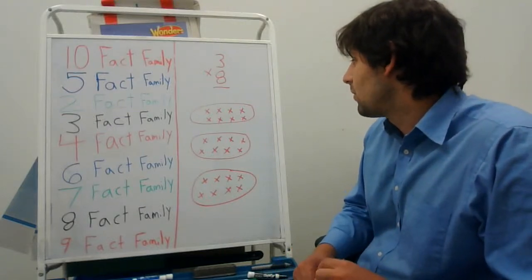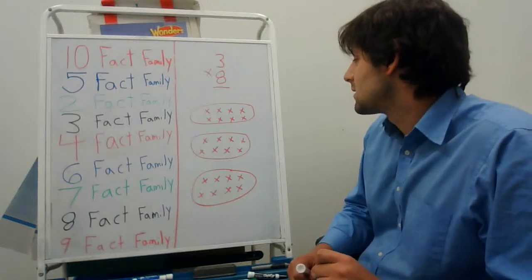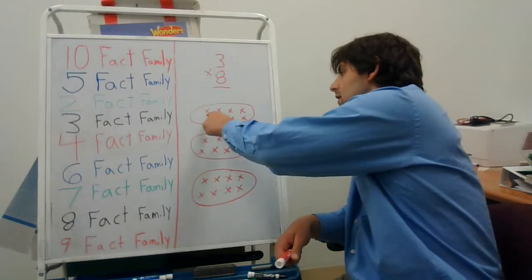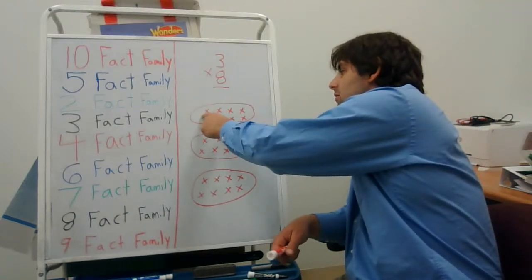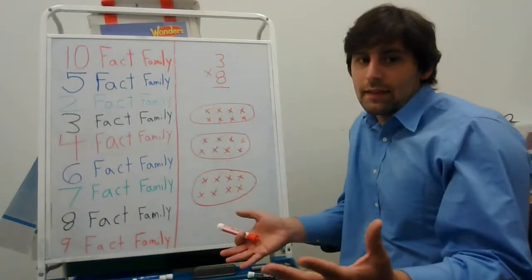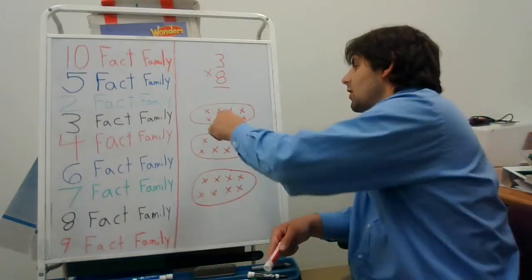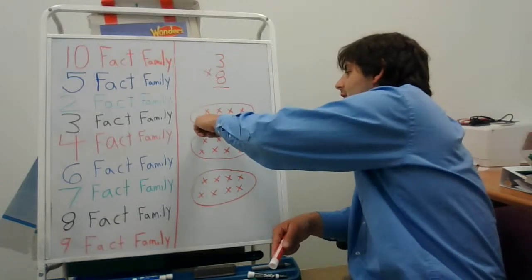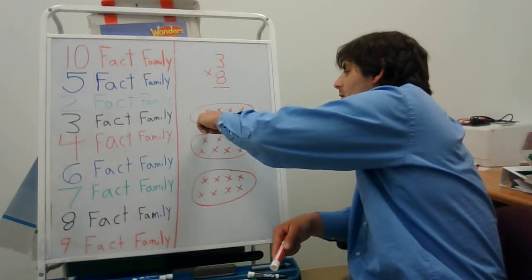So now I'm going to count the total number of X's. So here we go. Ready? 1, and I'm just going to count by 1 because, again, this is for if you haven't mastered skip counting. So I'm just going to count the total number of X's. All right. I have 8 in each circle. I want to know the total number of X's that we have in all 3.